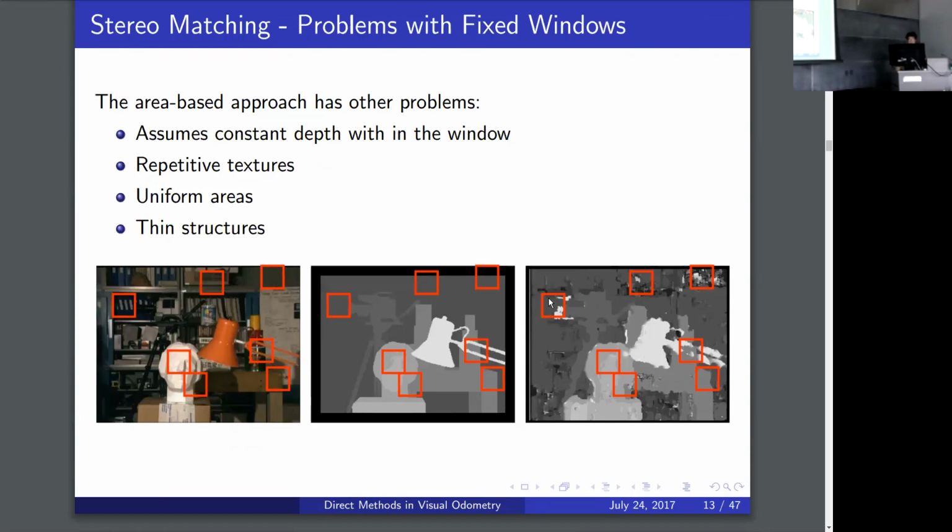This top left-hand corner is an example of it struggling with repetitive structures, so it can't really tell depth when you have them. And when you have thin structures, it's affected by it, so it can't really calculate the depth quite coherently.